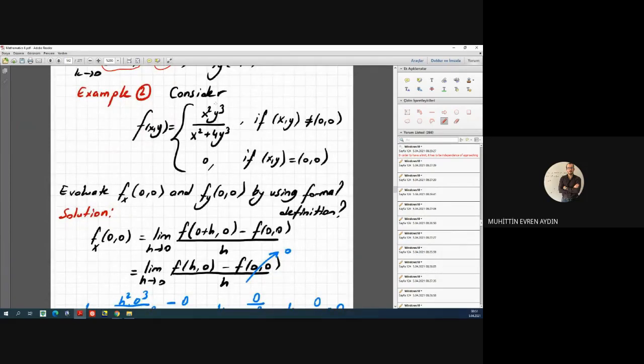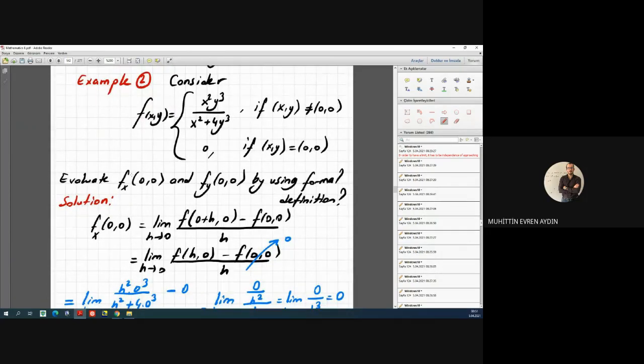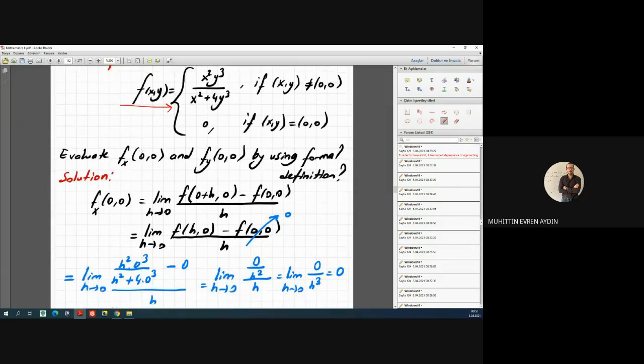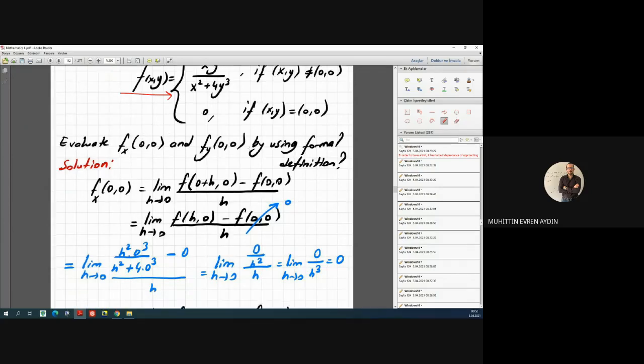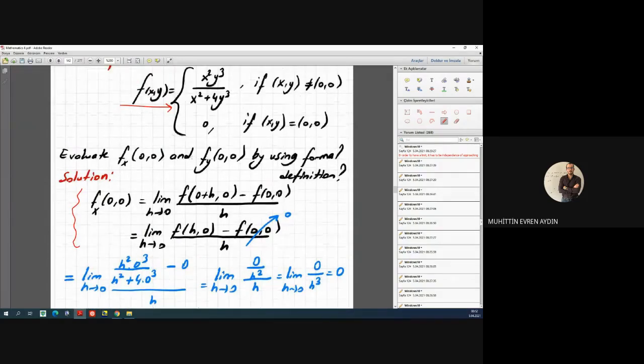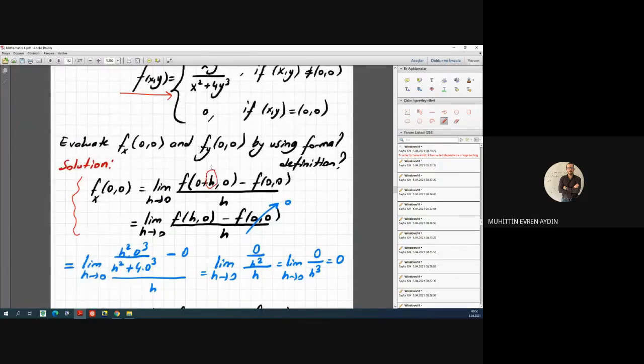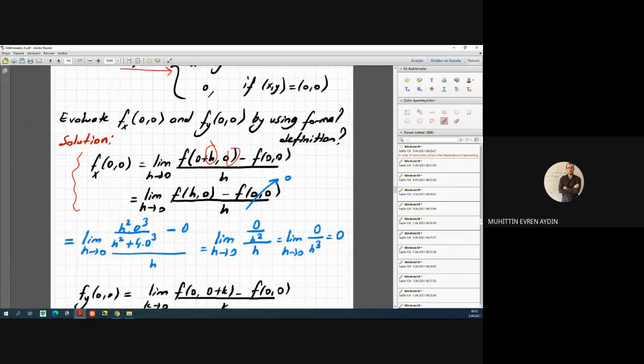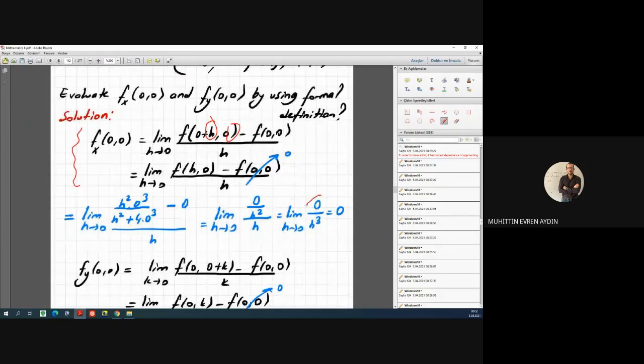And another example, the function is defined like that. Let's find the partial derivatives at the origin. So we have to solve these limits. If we replace x with h and y with 0, then we obtain a 0 function which has the limit 0.